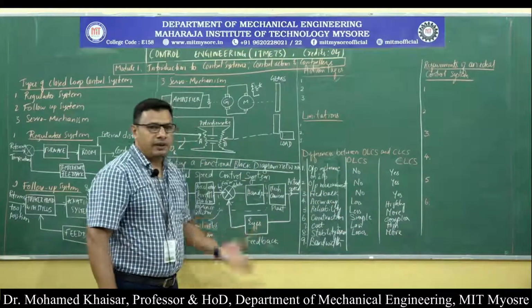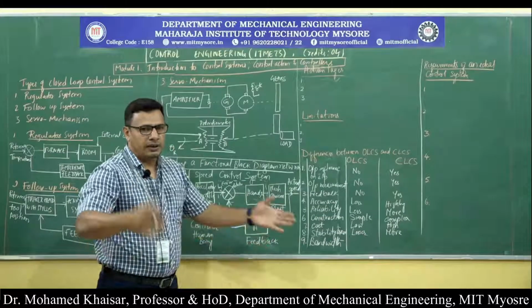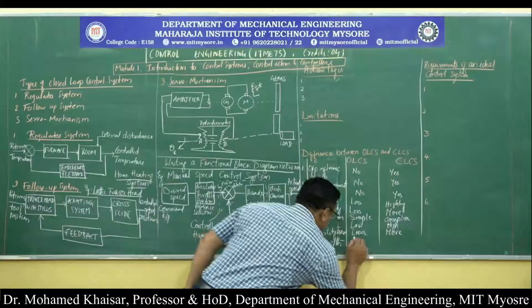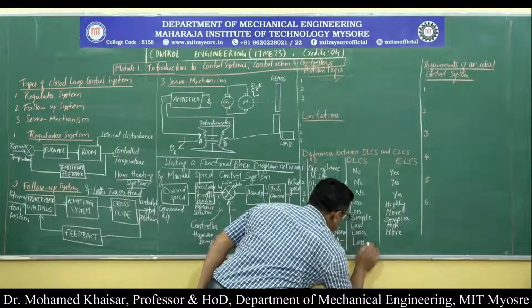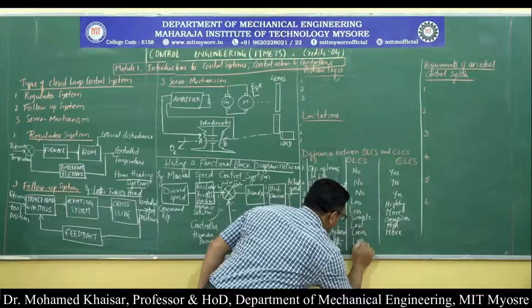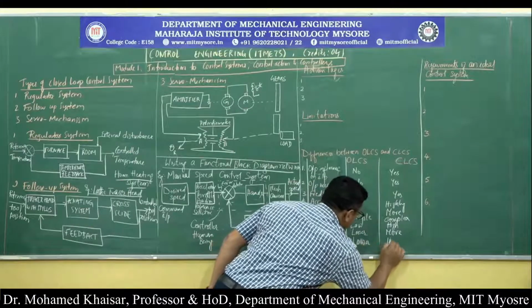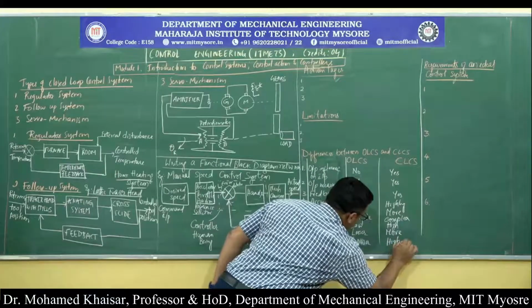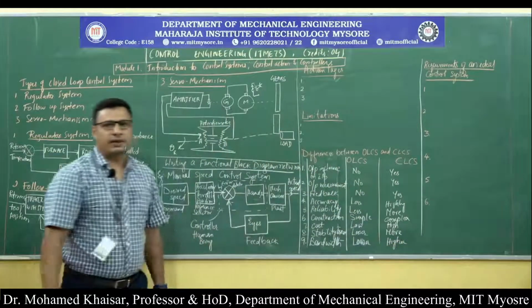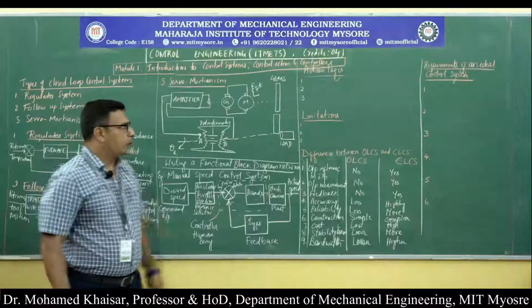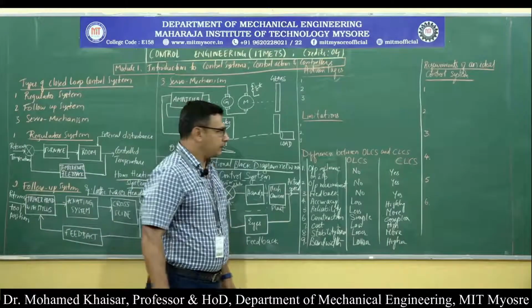Then bandwidth, the frequency range between which the system can work. This works on lower bandwidths and this works on higher bandwidths. These are the key differences between the open loop and closed loop control systems.